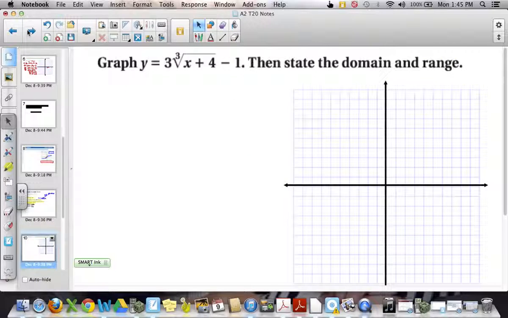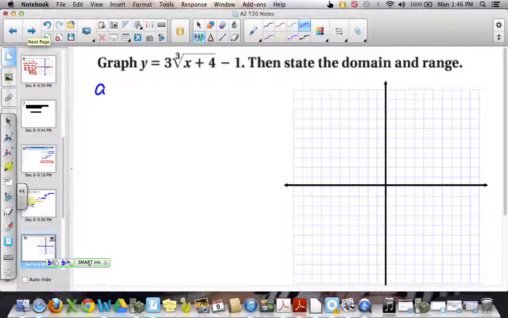All right, examples. First one, we want to graph y equals 3 times the cube root of x plus 4, minus 1, and then state the domain and range. Before we get into our steps, we probably want to identify what a, h, and k are. So a is right here. It's always the number multiplied by the root. So a is 3.